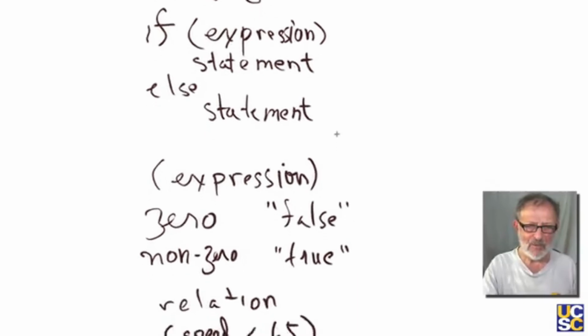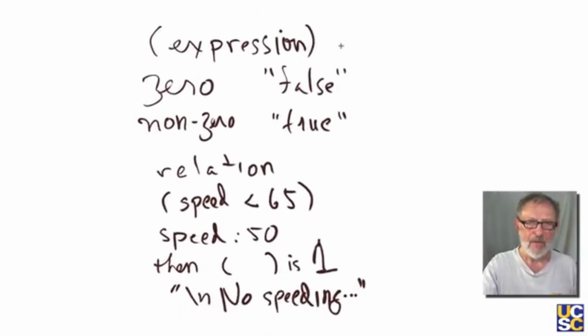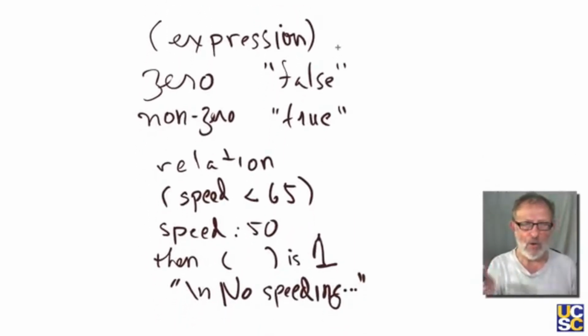And these expressions can be arbitrary, but they're frequently what we'll call relational. So the expression gets evaluated, and if it sees a value of 0, it thinks false, and if it sees a value that's non-zero, it thinks true.